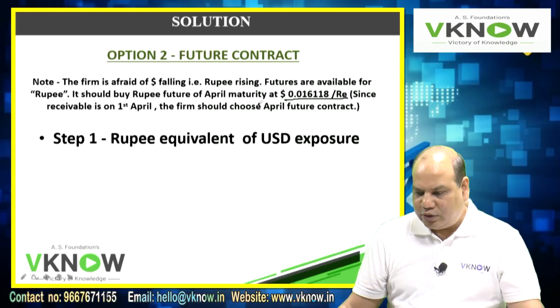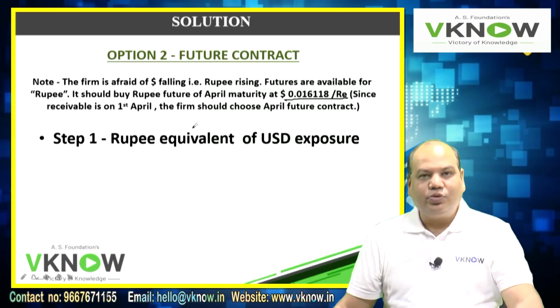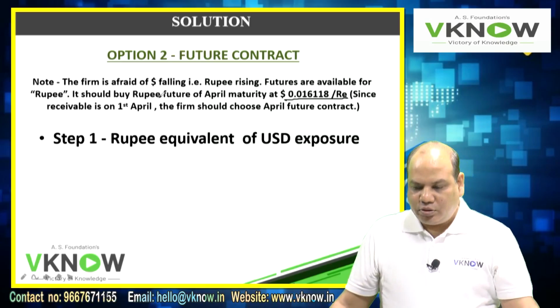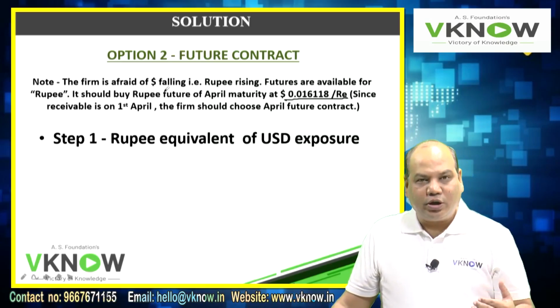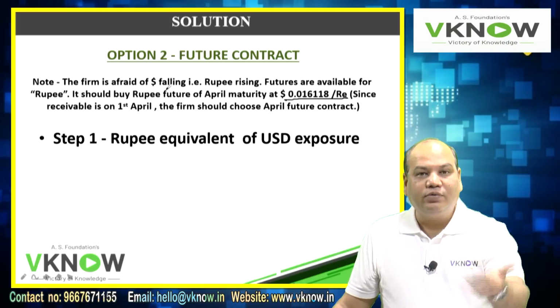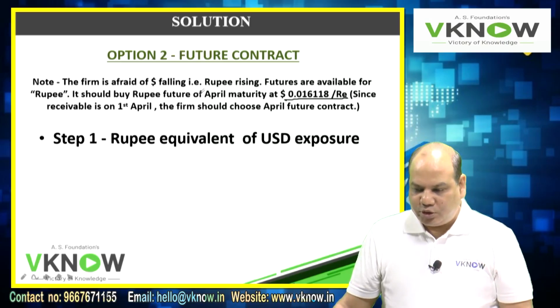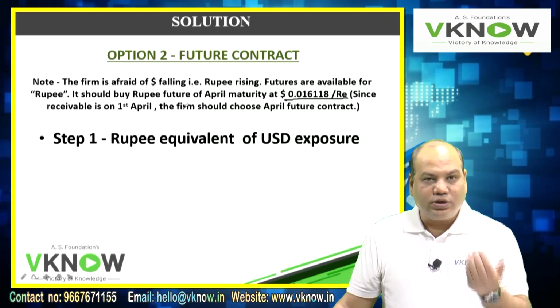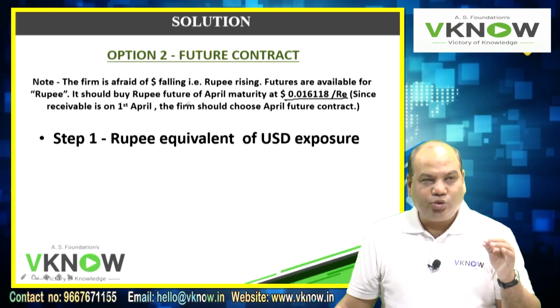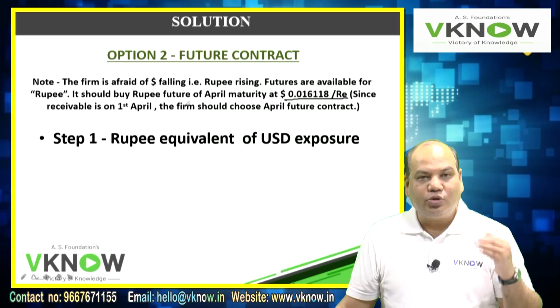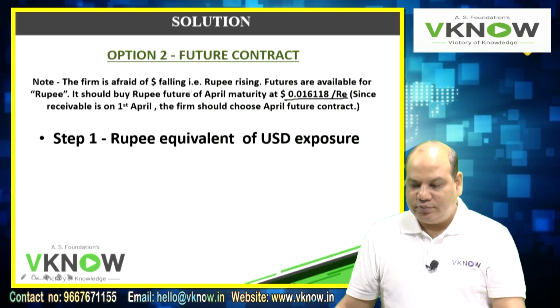Right. So whenever you read your own answer, it is so easy to understand now. Always take a future contract which will expire on or after your exposure maturity date. You are going to receive payment on 1st April. So choose a future contract which will mature on 1st April or after that.